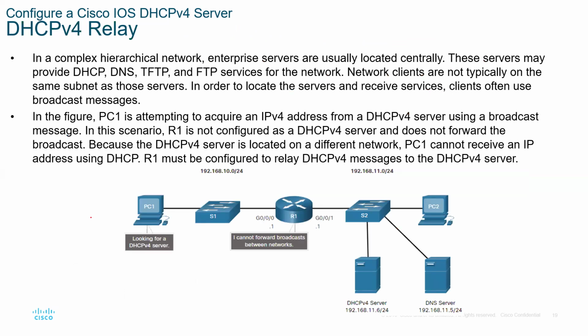In a complex network, enterprise servers are usually located centrally. Servers may provide DHCP, DNS, TFTP, FTP services. Clients are not typically on the same subnet as those servers in order to locate the servers and receive services. Right. In small networks, we don't have a problem with having servers that are located centrally.